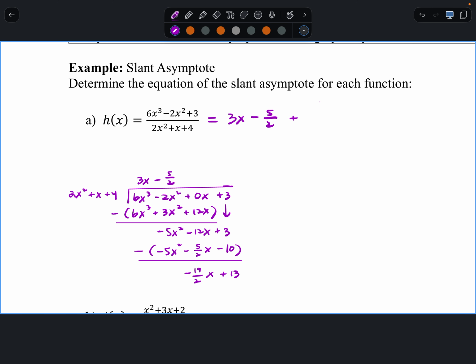I want it to be squared, so I need to make that a 4. There we go, for end behavior to be like y equals 3x squared. Do you guys see that? This is the graph of the rational function. This is the end behavior model. So end behavior is like a quadratic, which is not linear. We would say that the end behavior is not described by an asymptote in that case. But that's not something you need to worry about in this class or in pre-calc honors. You will only be asked to identify horizontal and slant asymptotes.